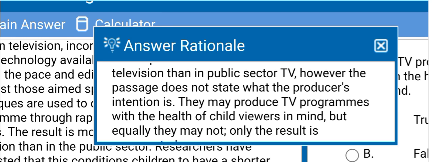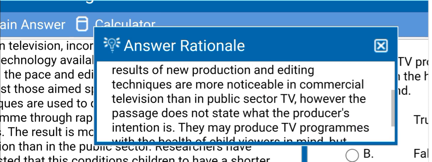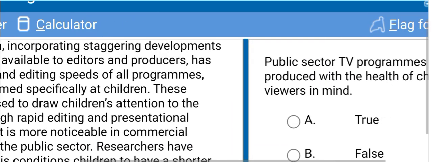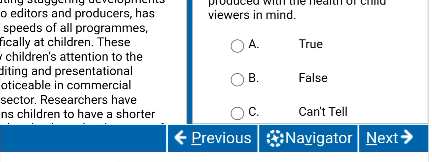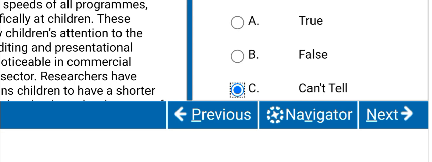They may produce TV programs with the health of child viewers in mind, but equally they may not. Only the result is commented on. So for all these reasons, the correct option is C, can't tell.